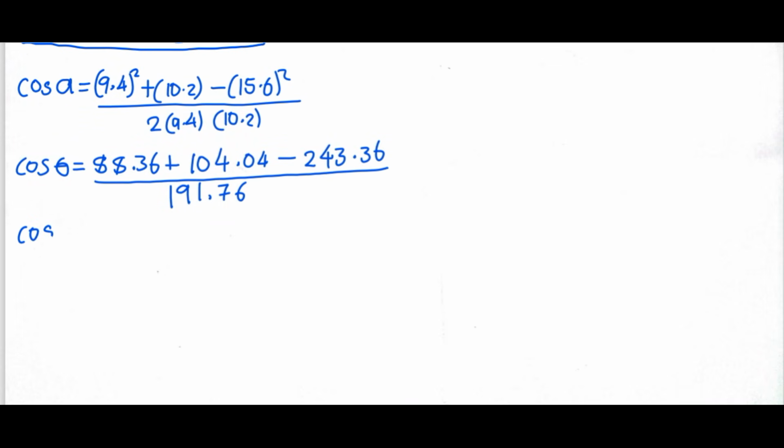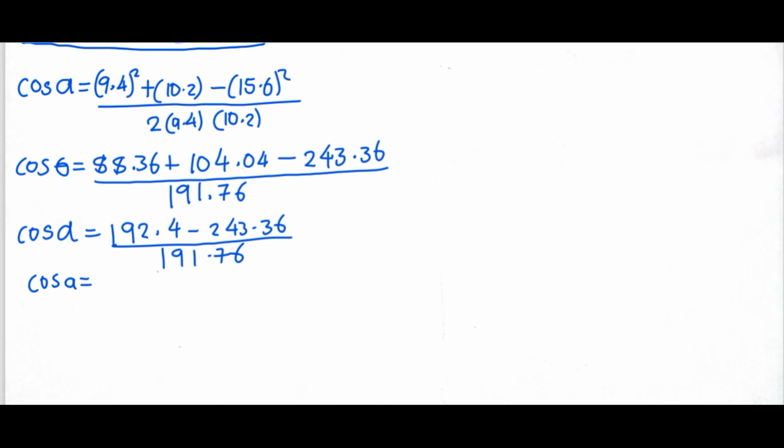So we can now add the numerator. We have cos A is equal to 88.36 plus 104.04, I'm getting 192.4, minus 243.36, over 191.76.